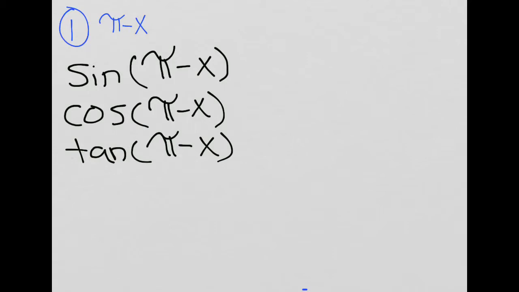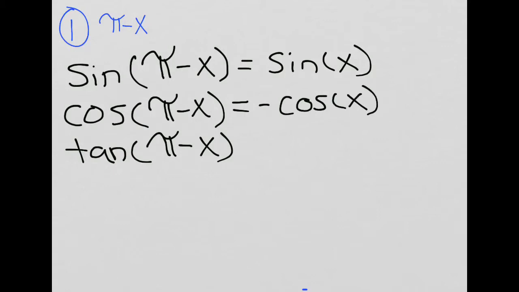We know that sine pi minus x is equal to sine x, because it would always be in the second quadrant, and sine is always positive in the second quadrant. Then cos pi minus x would be negative cos x, because cos is negative in the second quadrant. And tan would be negative as well, because tan is negative in the second quadrant. And those are your three identities for pi minus x.